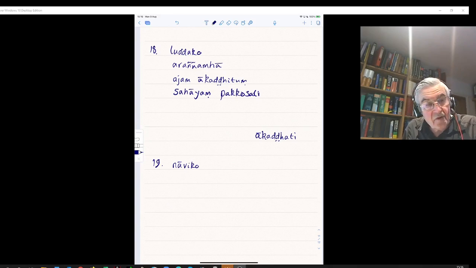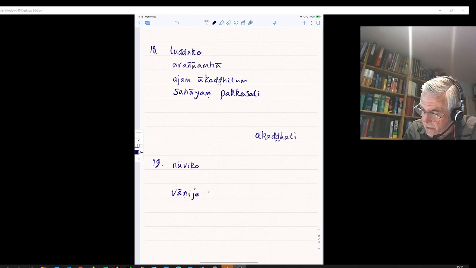So, singular vanija, nominative vanijo, accusative plural vanije. He calls the merchants, vanije pakosati. So the sailor calls the merchants: naviko vanije pakosati.